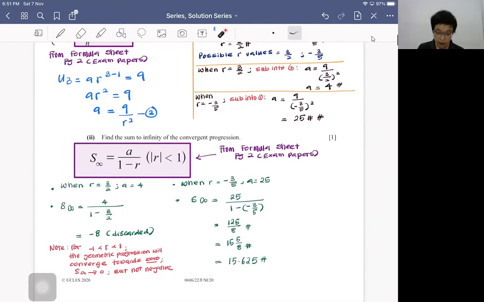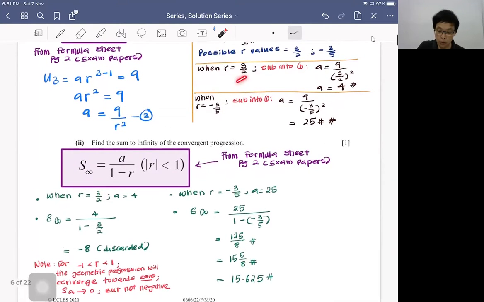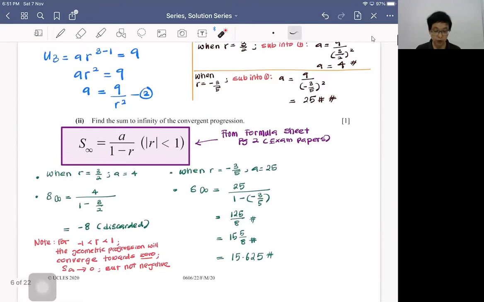We are going to take the two possible r values and sub into the sum to infinity. Okay, so when we do that, we get the two answers. The sum to infinity is negative 8, and then the other one, when we sub r equals negative 3 over 5 and a equals 25, accordingly, we get this answer.